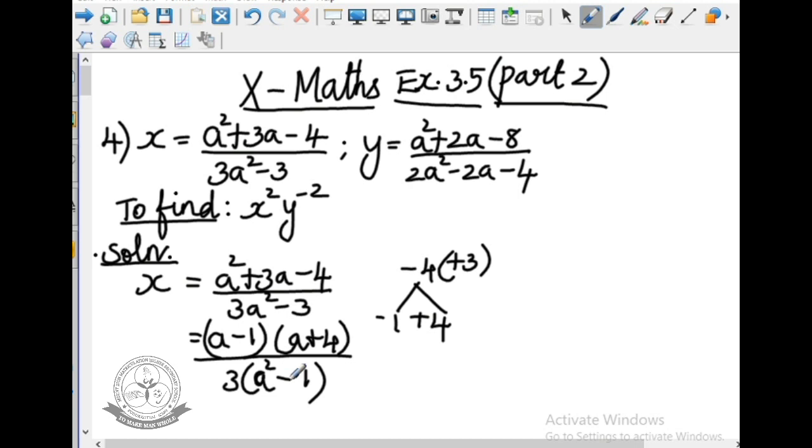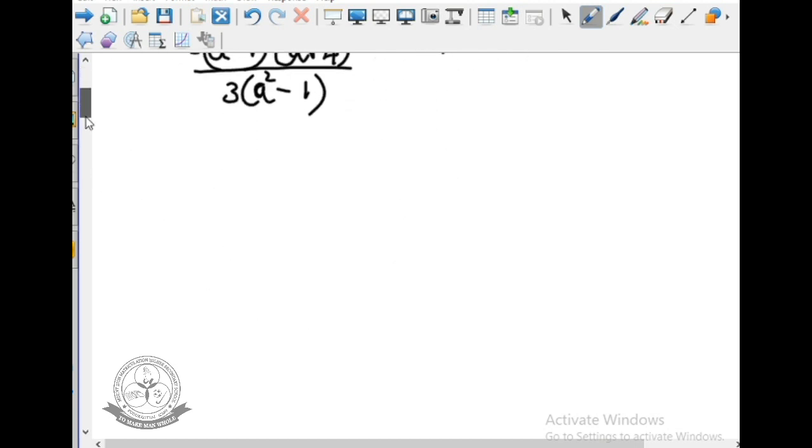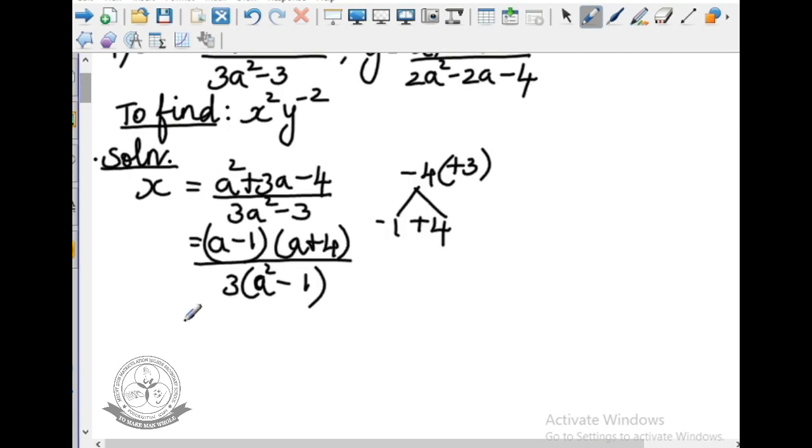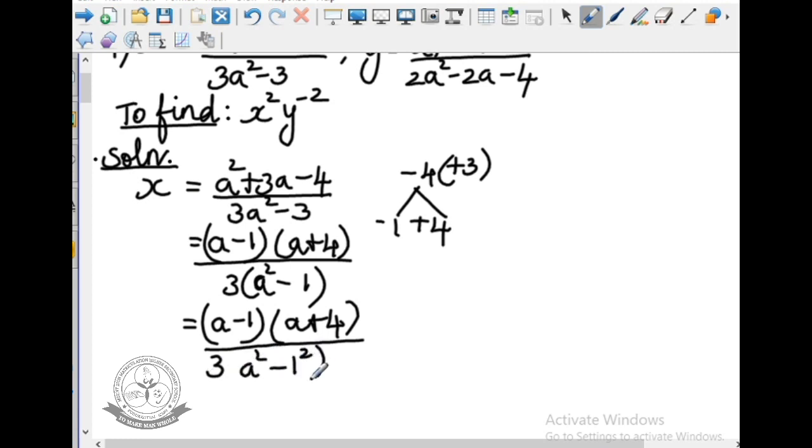That is equal to a minus 1 into a plus 4, whole divided by 3 into, this can be written as a squared minus 1 squared. So we can split it as a squared minus b squared, a plus b into a minus b. So this can be written as a squared minus 1 squared.